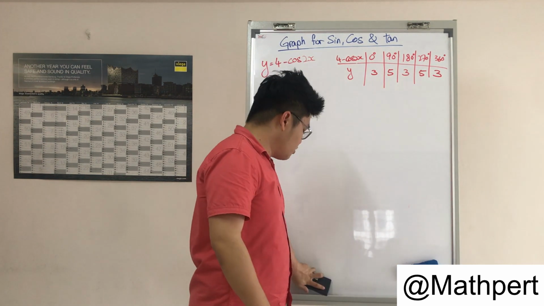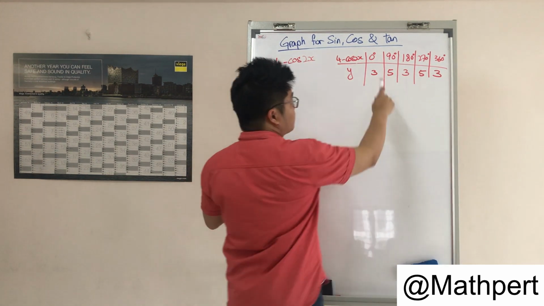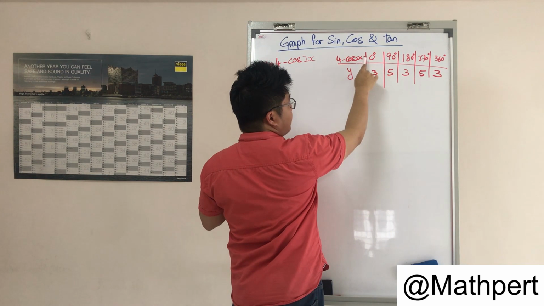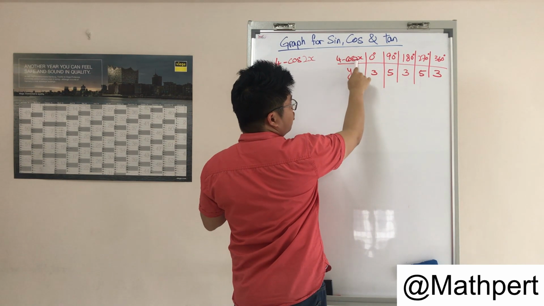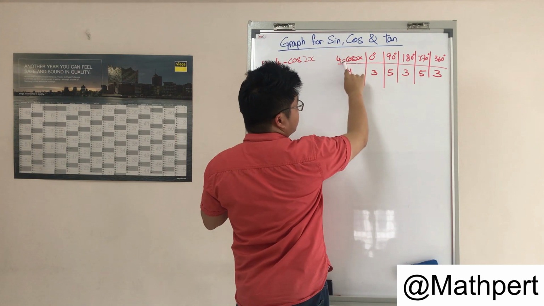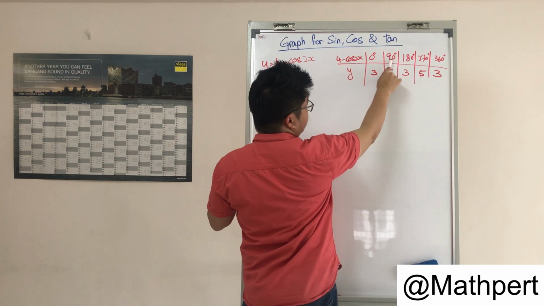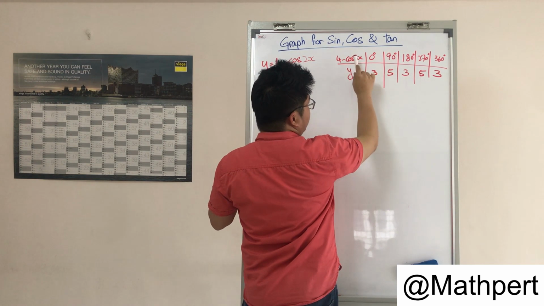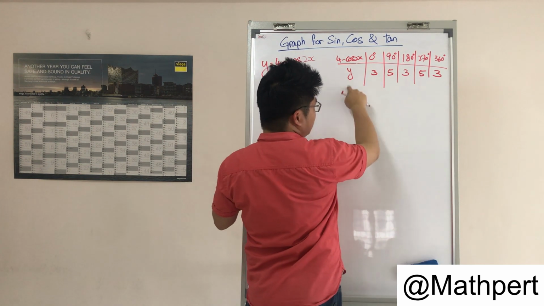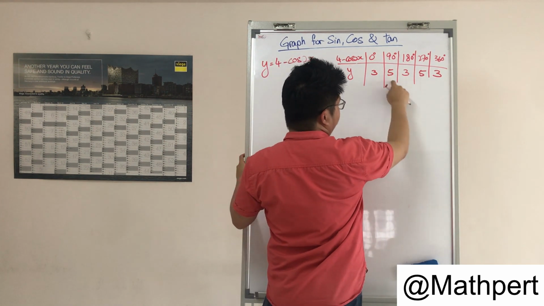Alright? So just substitute this angle into x. 0 substitute into x, 2 multiply 0, so cos 0, 4 minus cos 0. This one is 4 minus cos 180, because 90 multiply 2. Alright? So these are the y values we get.